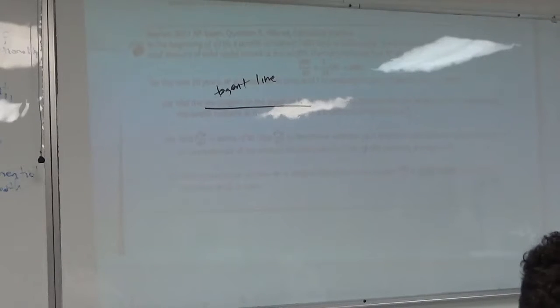Right, you want to go here because this is your differential equation. This is your derivative, so that's where you get the slope of the tangent line from. Then you have to plug in something.